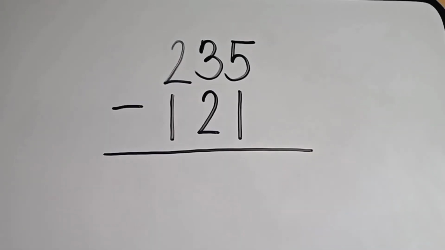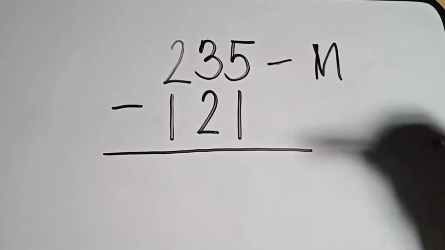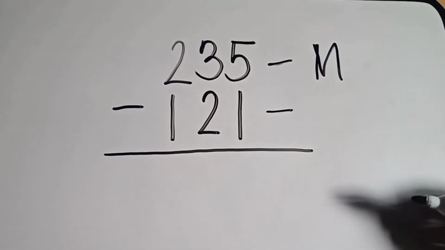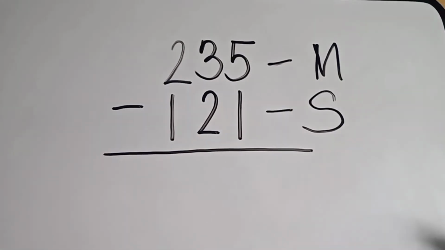Now let's start solving using subtraction. Here is our given number, Kamatiniks: 235 minus 121. 235 is our minuend and 121 is our subtrahend. We need to look for the difference of these numbers.